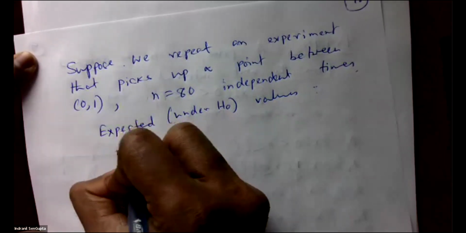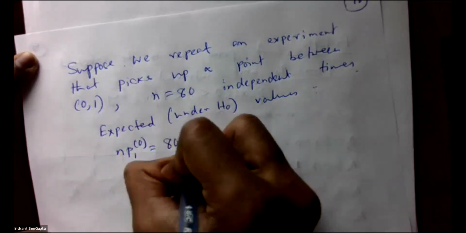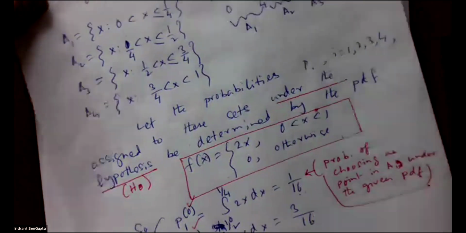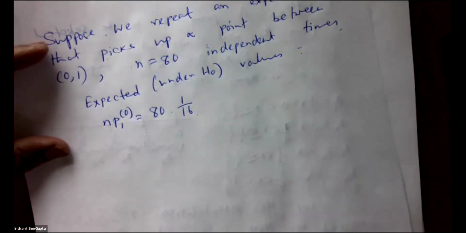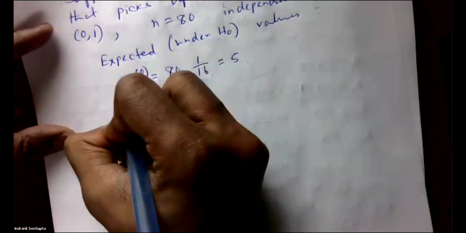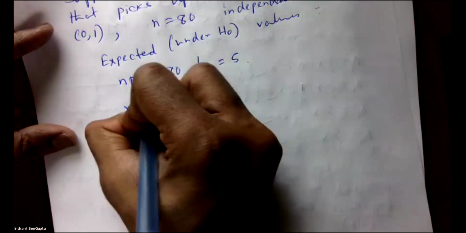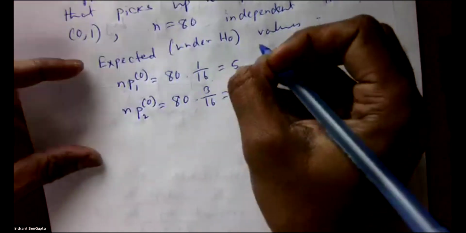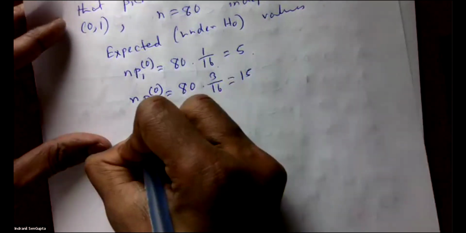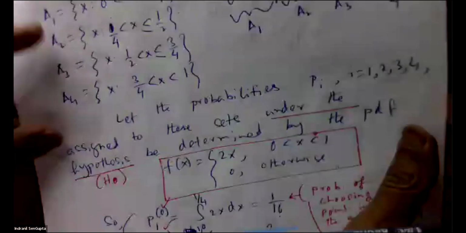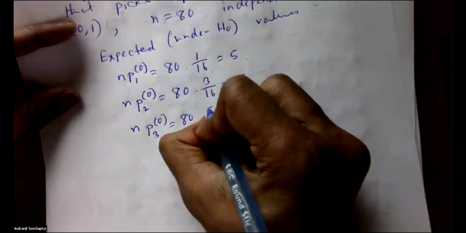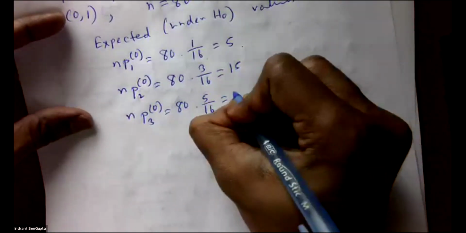If I write n p1^0, that is 80 times 1 over 16, which is 5. n p2^0 is 80 times 3 over 16, which is 15. n p3^0 is 80 times 5 over 16, which is 25.